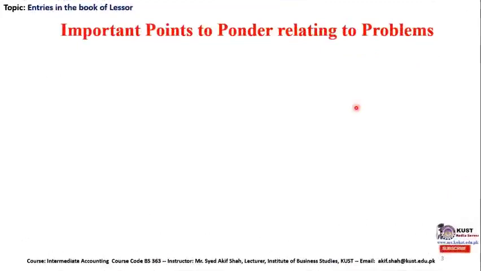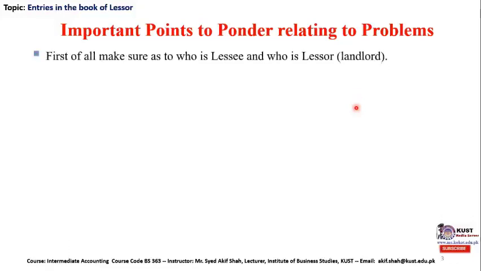Important points to ponder relating to problem solving. Dear student, one has to bear in mind these important points before attempting a numerical illustration to be solved. Number first is to first of all make sure as to who is lessee and who is lessor, the landlord, in the numerical case example.